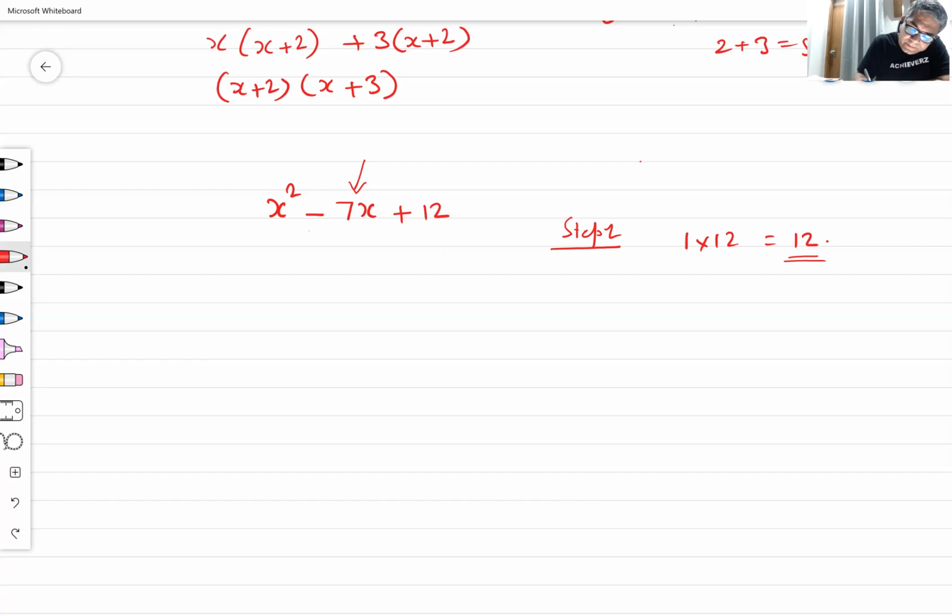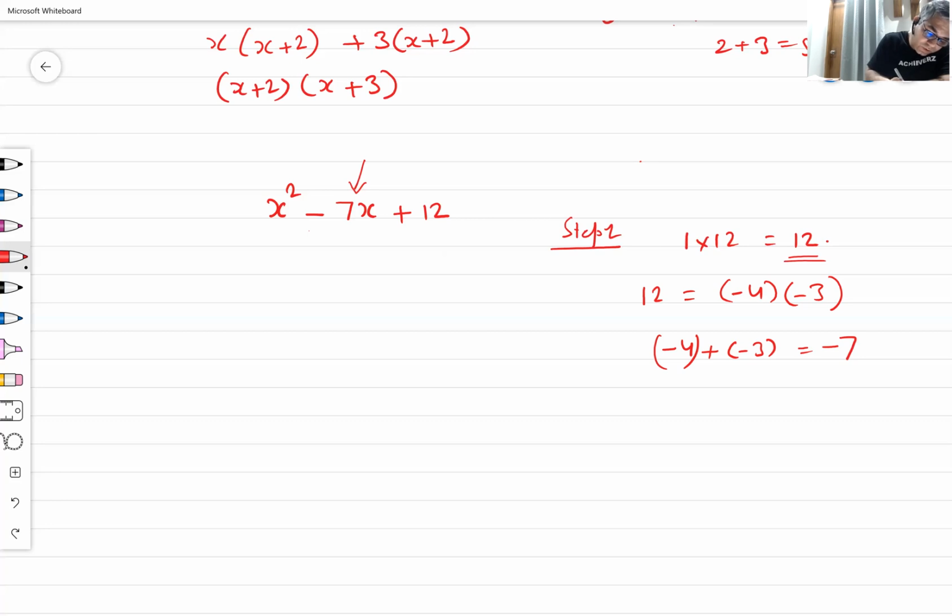And in fact, I can write it as minus 4 into minus 3 because minus minus will get cancelled out. So I will get again 12. And if I add these, minus 4 plus minus 3, my answer is minus 7. So fine, I can write it now.